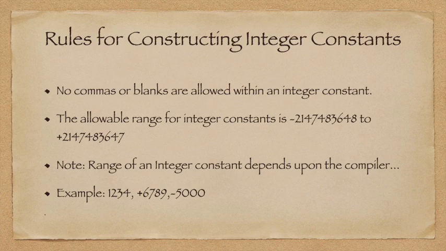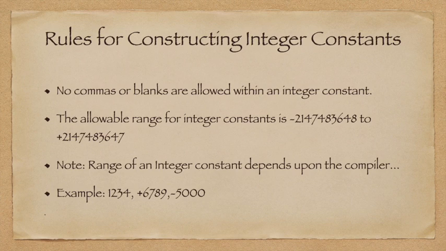Each bit is capable of holding either 0 or 1, that is, two values. Therefore, the range of the integer is going to be from -2 to the power of 31 to 2 to the power of 31 minus 1.